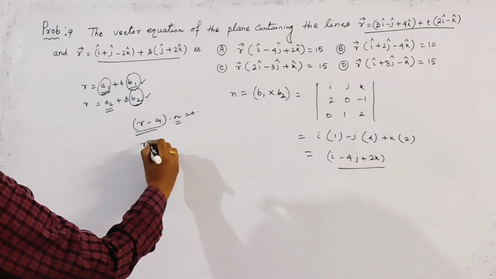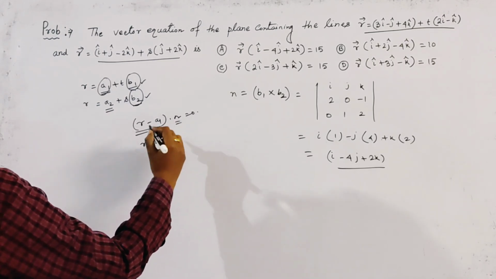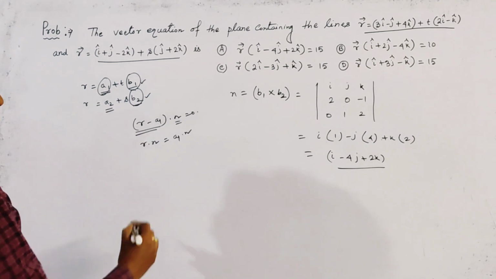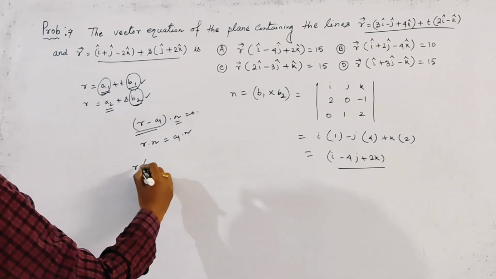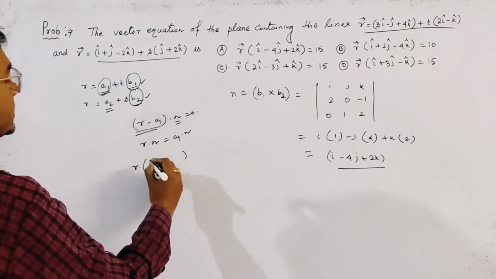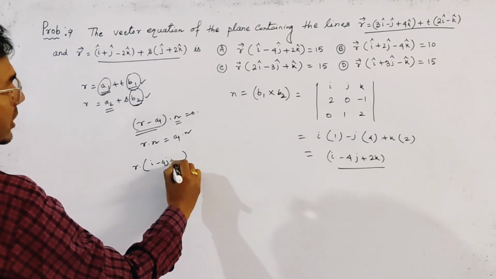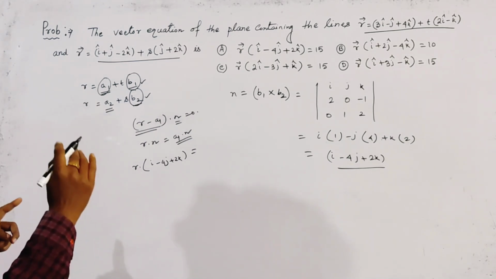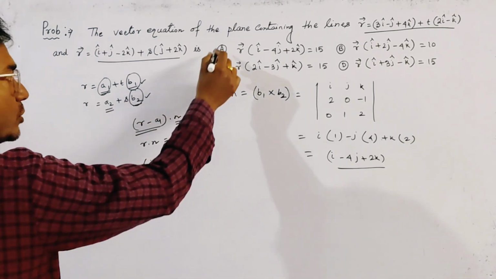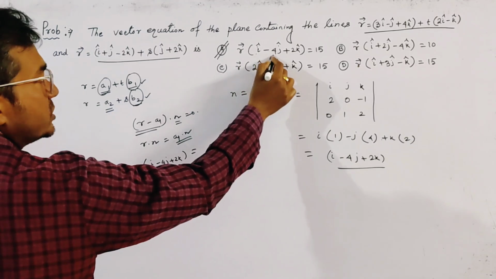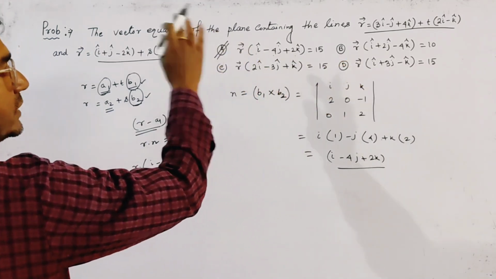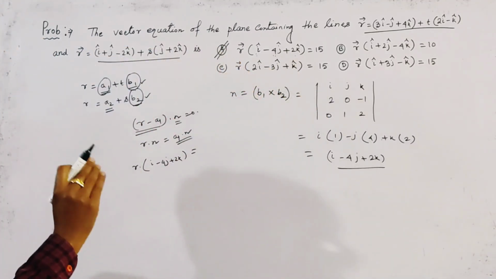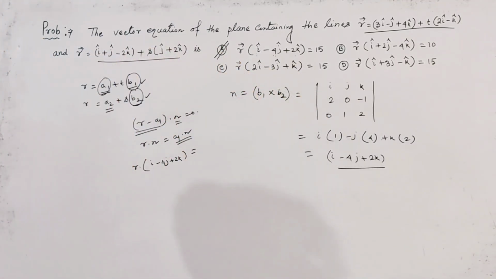So we get r dot n equals A1 dot n, where r dot n means i minus 4j plus 2k. In our options, only the first option has i minus 4j plus 2k, and all the other options do not. So our first option is correct, as is clear from this calculation.